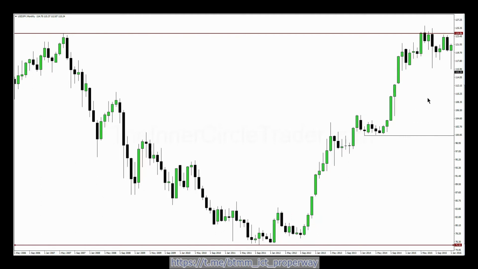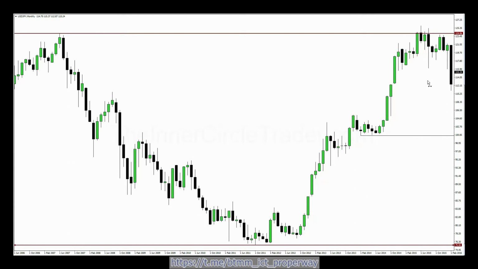Okay, and price starts to drop, trading down. Now, what it's doing is pulling back inside of all these up candles.